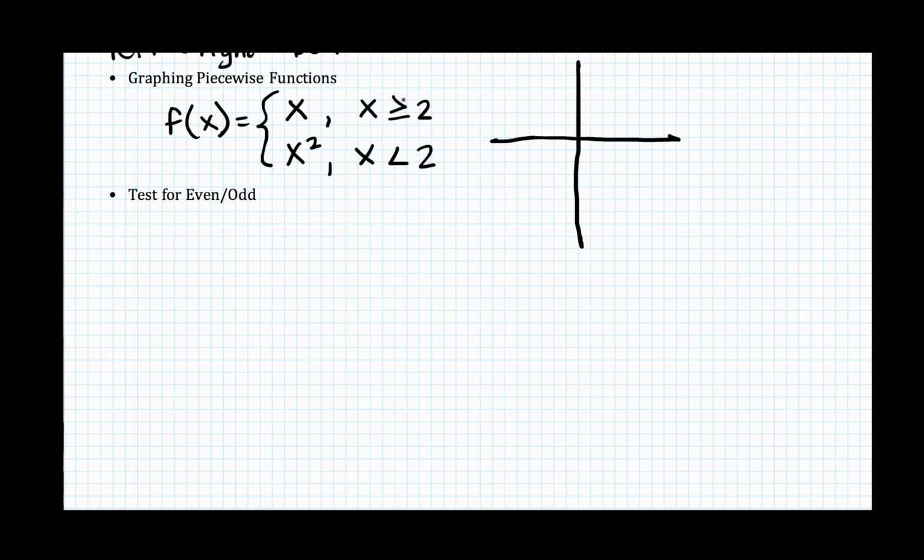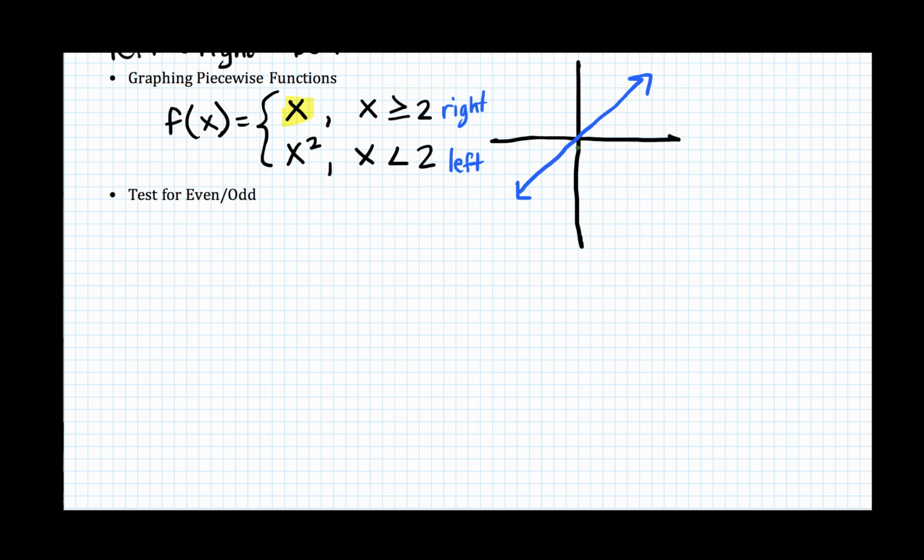I want you to think that everything greater than or equal to 2 means everything to the right of 2 or equal to 2. Everything less than 2 would be everything to the left of 2. You know that the line y equals x is simply going to be this line going through 0 with a slope of 1. So for this piecewise function, that piece I'm going to sketch is only the piece starting at positive 2.